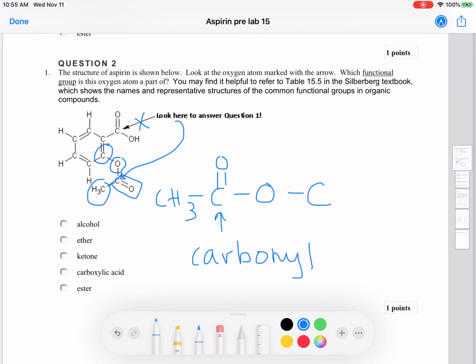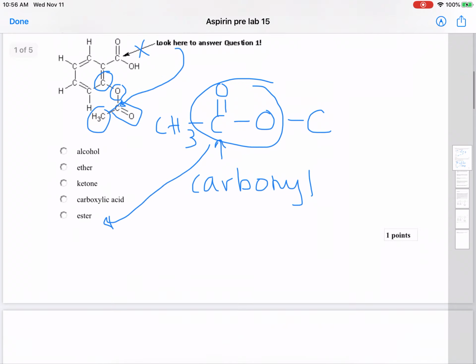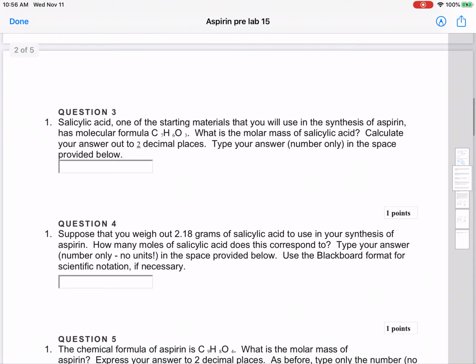In the previous one it was a hydrogen, but when it is connected to a carbon, we call this functional group, a carbonyl group with oxygen connected to a carbon, the ester functional group. That is what we are going to make in this synthesis during this experiment.